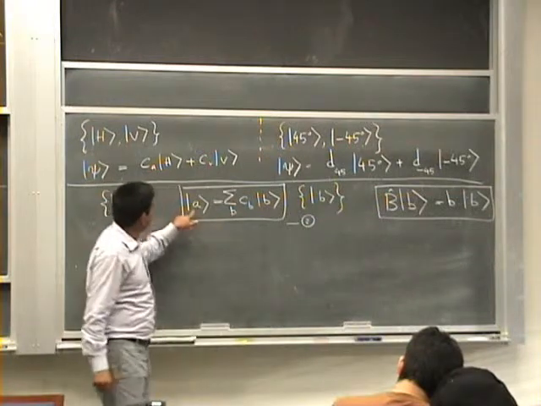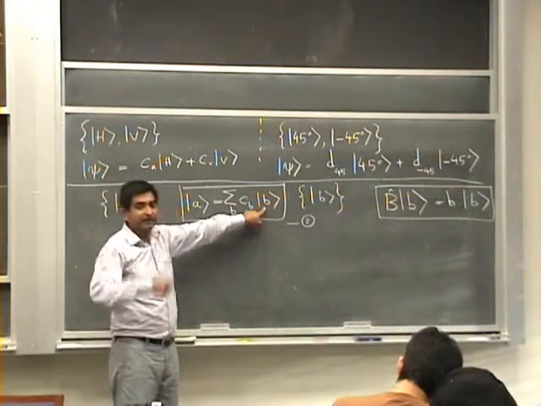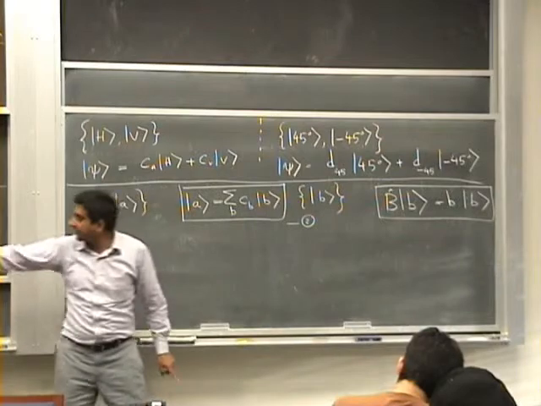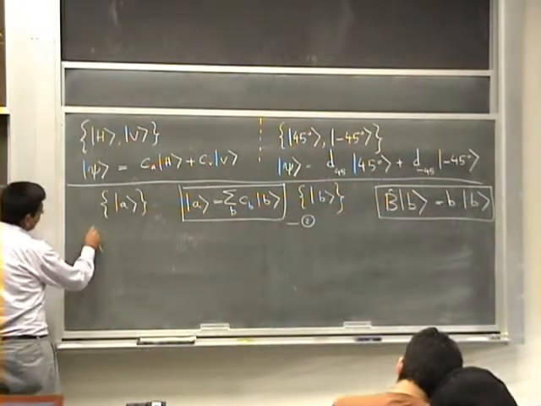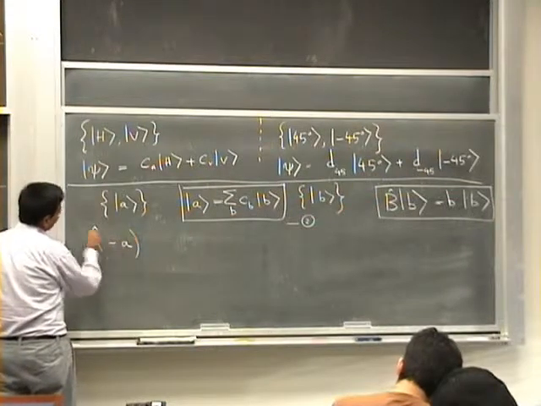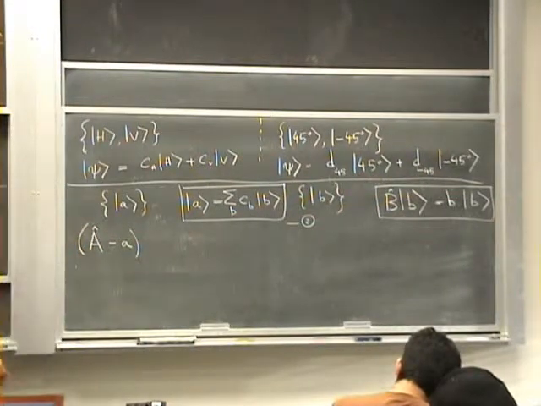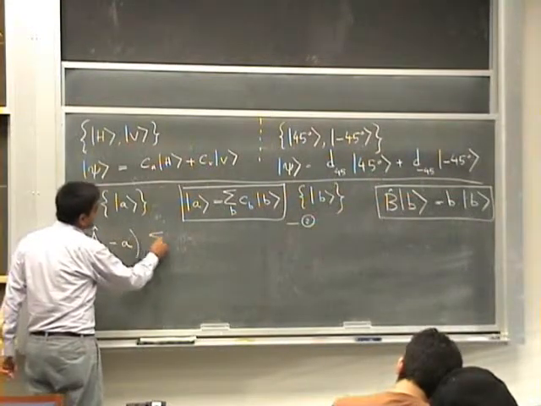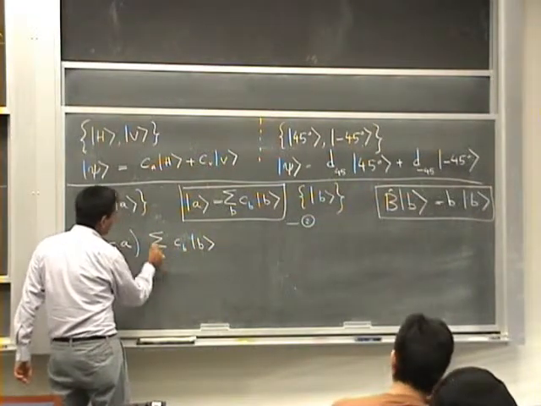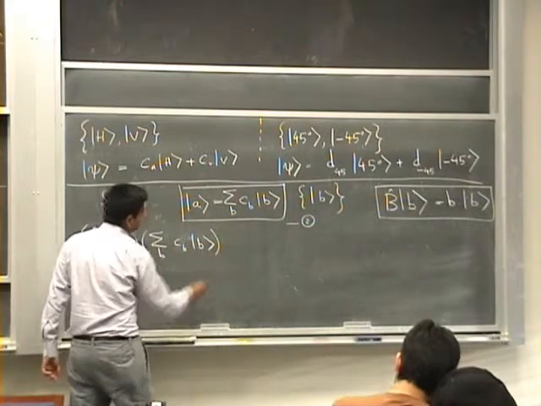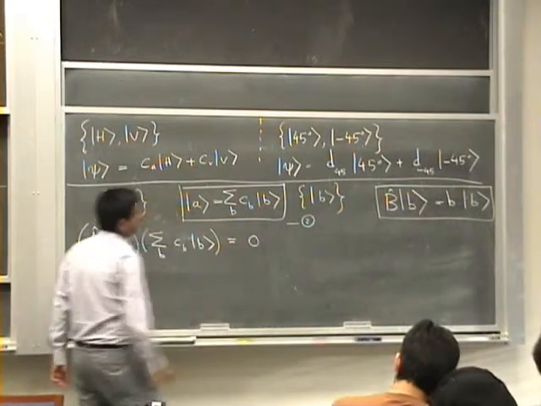Now I take this A, which is decomposed in the basis B, and plug it into equation number 1. So I have operator A minus the eigenvalue A acting on cat A. Now cat A is given by CB cat B summed over all of B's. This gives me 0.